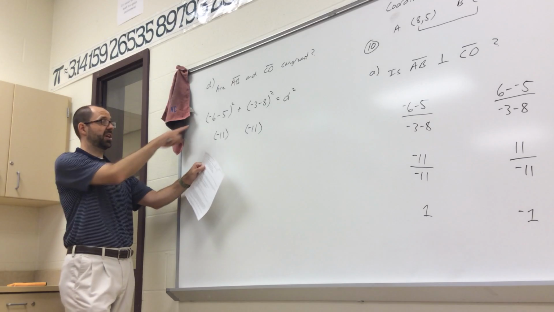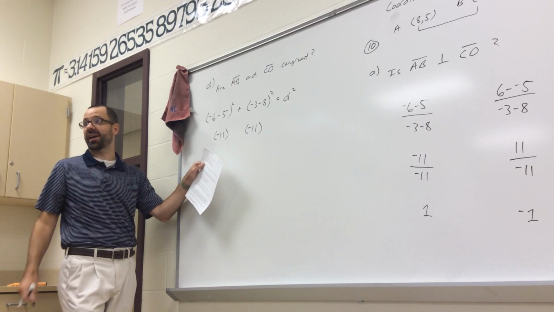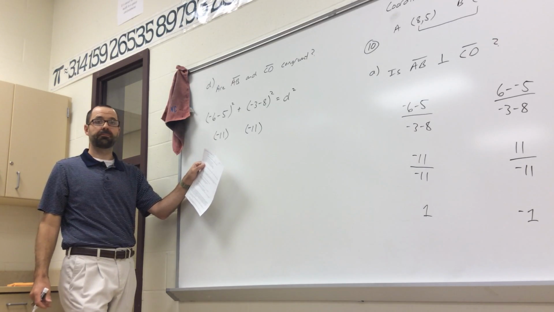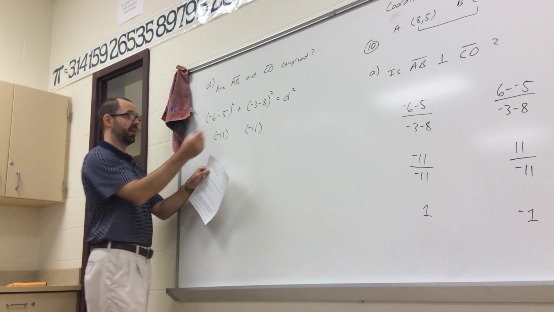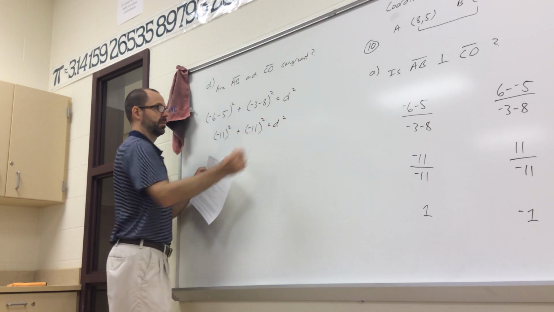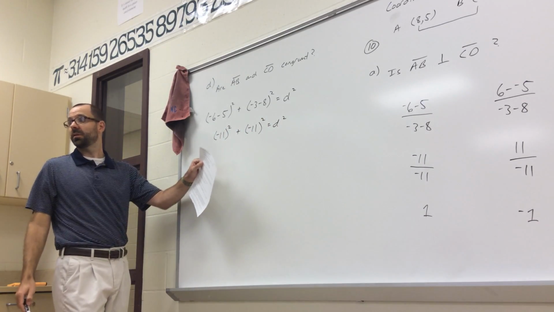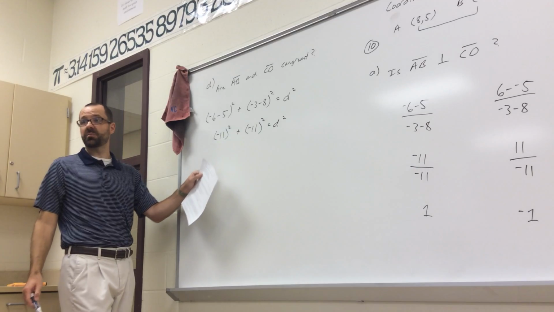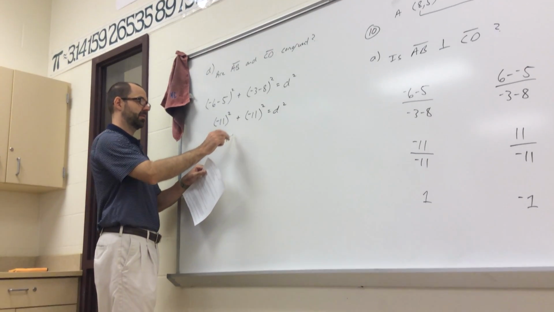So when I do the first step, I usually just do one thing. I subtract everything. And then we're going to eventually square those and add them. And negative 11 squared is positive 121.